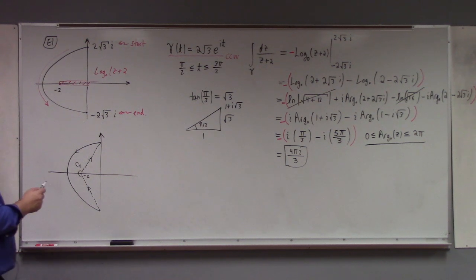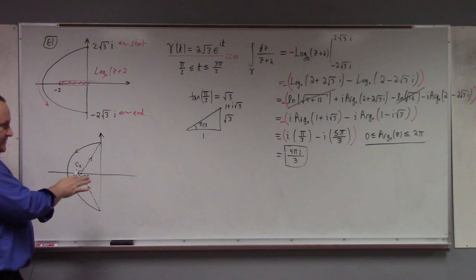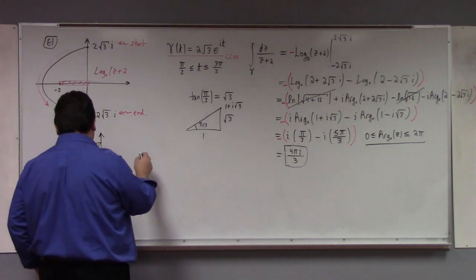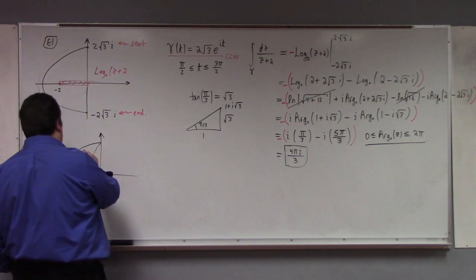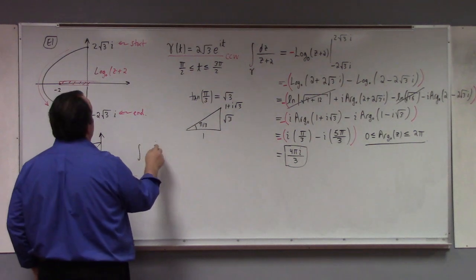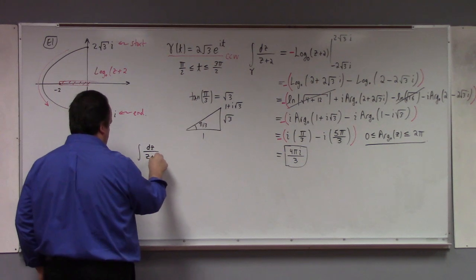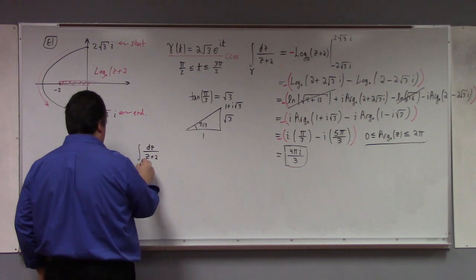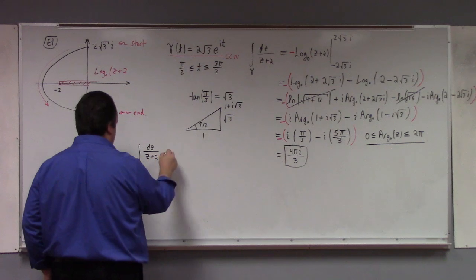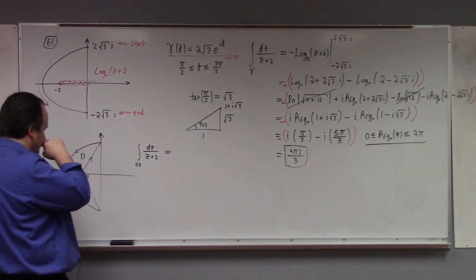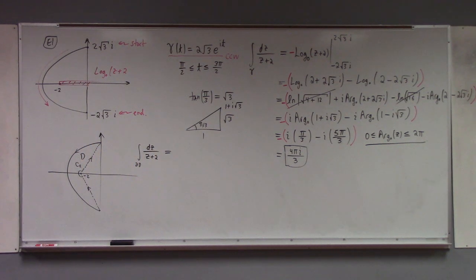So then, if I call this region D, the integral of dz over z plus 2 over the boundary of D should be equal to what? Zero, because it's holomorphic in there.